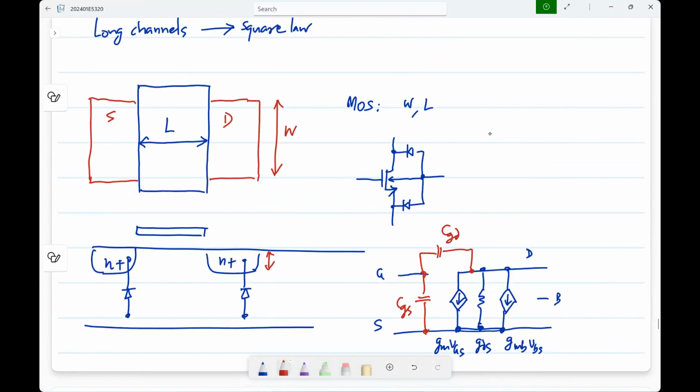Now these are inherent to the MOS transistor. These are not extra, right? Because the heart of the MOS transistor is the MOS capacitor. Okay, that Cox times W times L that you get. So whenever you have a MOS transistor, you will always have the CGS and CGD. Okay, so these are intrinsic, but there may be extrinsic parts also.